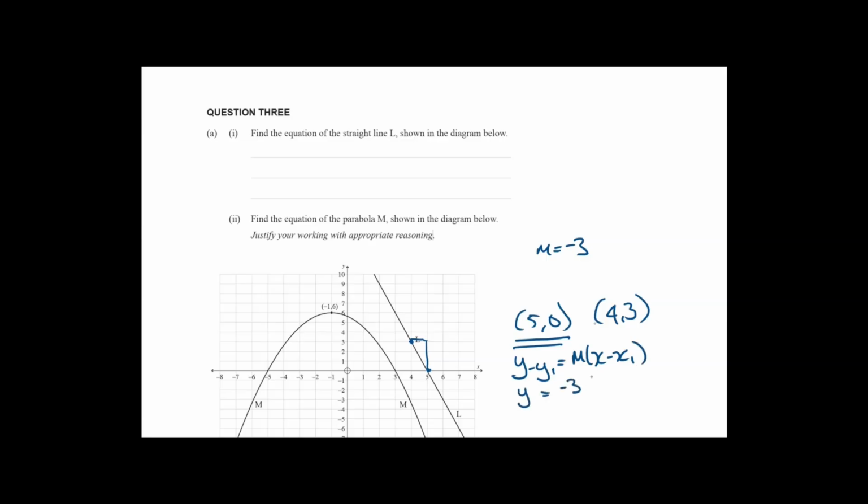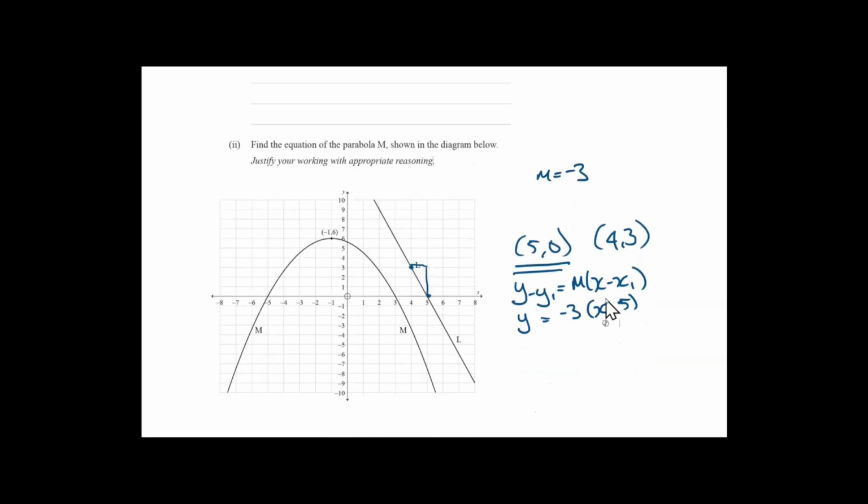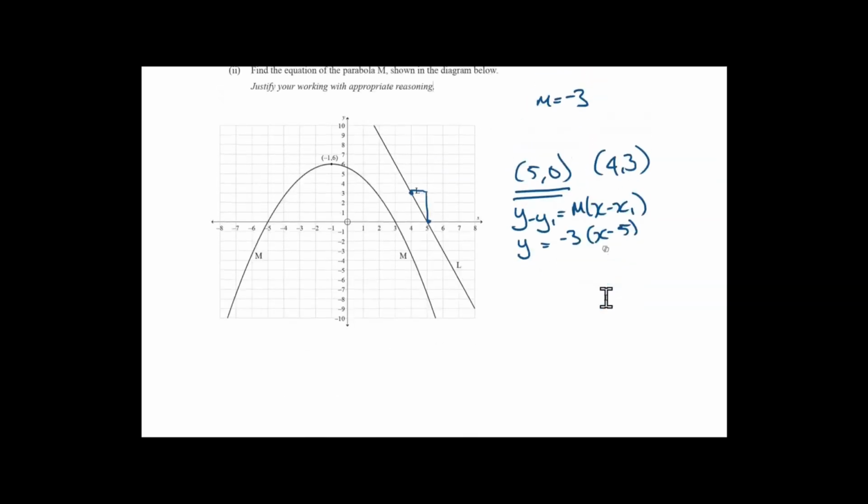This is going to be negative 3. x minus 5. So we want to expand out the bracket. So y is going to be negative 3x plus 15, and that kind of would make sense. If this kept going up there, it would be around about 15. Yep, so far so good.